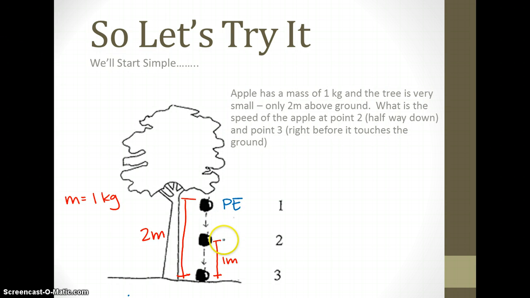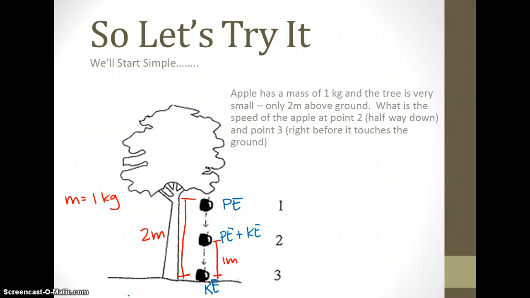At point 2, it has potential energy because it still has height, and it has kinetic energy because it's moving at this point in time. At the very bottom, it doesn't have any height, so there's no potential energy, but it's moving really fast right before it hits the ground, so it's going to have kinetic energy.